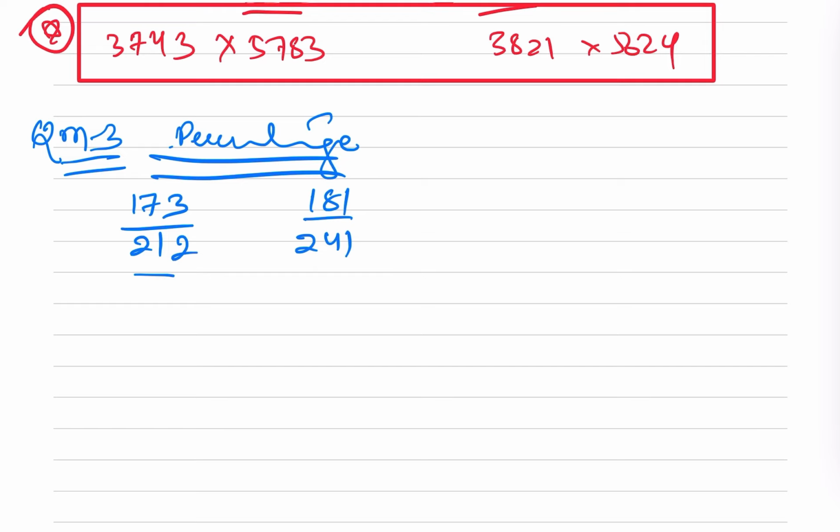If you have gone through my percentage videos and have attended the percentage class in the live sessions, you know how to calculate the percentage very well. So let me just give an example to you.